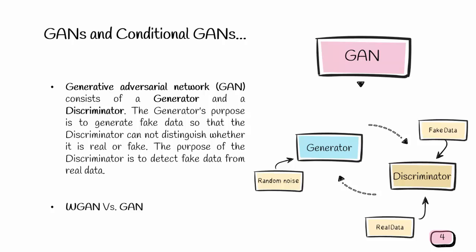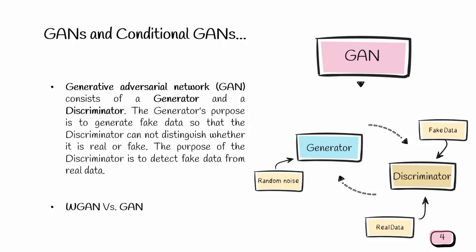Training of a GAN is done by the contest between the generator and the discriminator to produce fake data identical to real data. The generator network only receives a noise vector as an input.